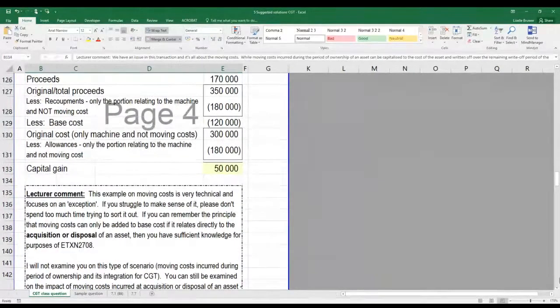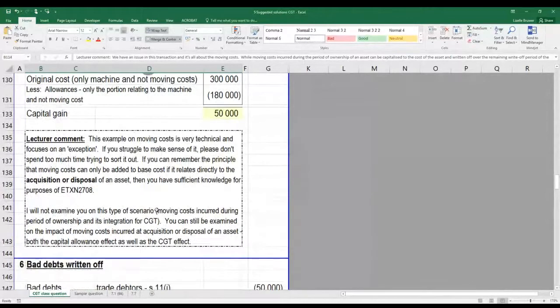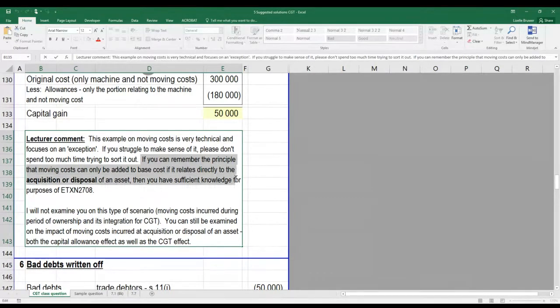So if you go down to the second lecturer comment, this example on moving costs is very technical and it focuses on the exception, right? So the only thing you need to take from this is the following principle: moving costs can only be added to base cost if it relates directly to the acquisition or disposal of an asset.